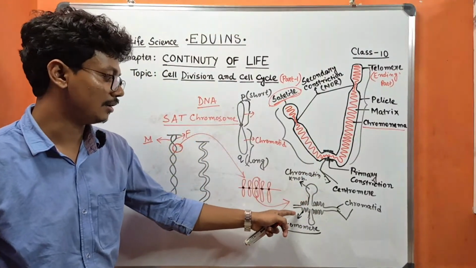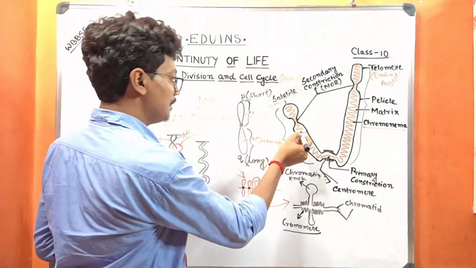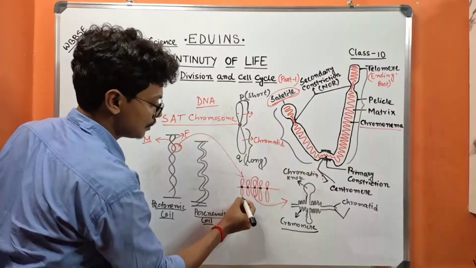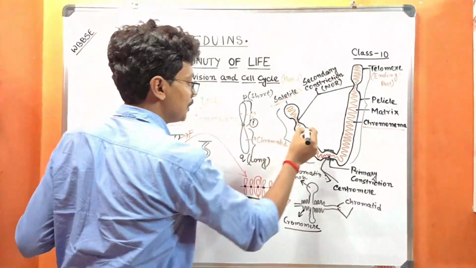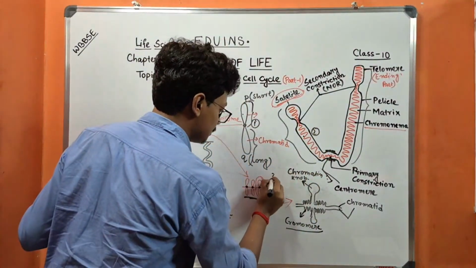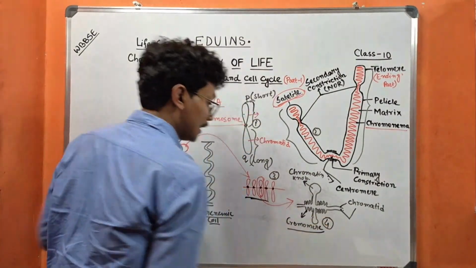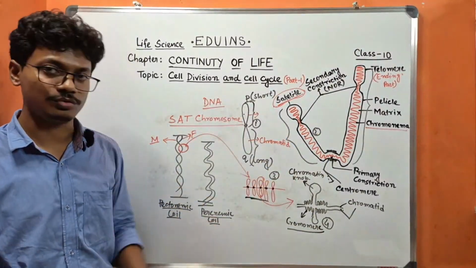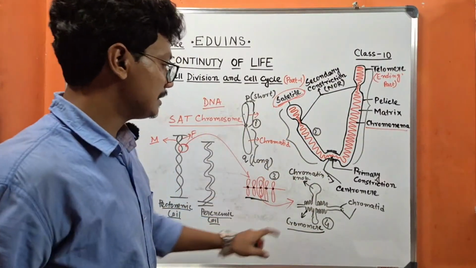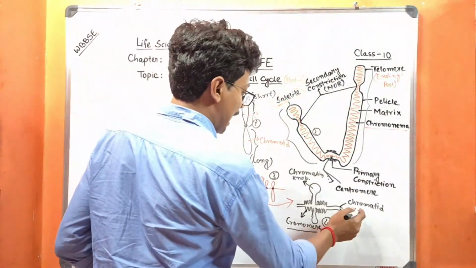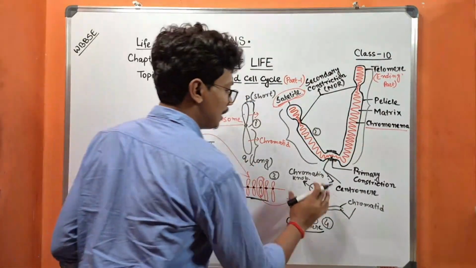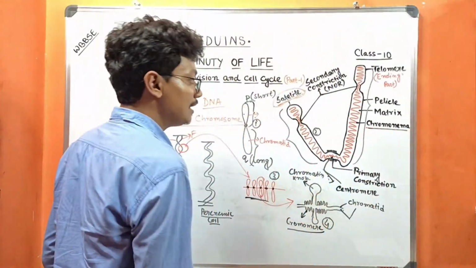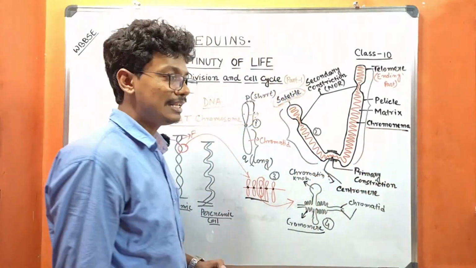This is the magnified part of this, from this to this, and here from this to this part. If this is 1, this will be the 2, this is the 3, and this is the 4. The highly or super coiling part of the chromosome. So this is the chromomere, and this highly condensed, bead-like part of the chromomere is known as chromonema, or in case of plural, chromonemata.